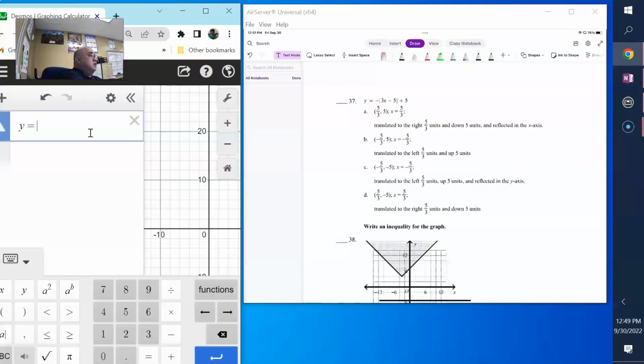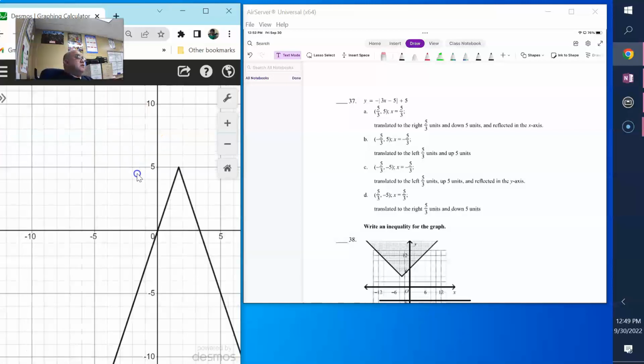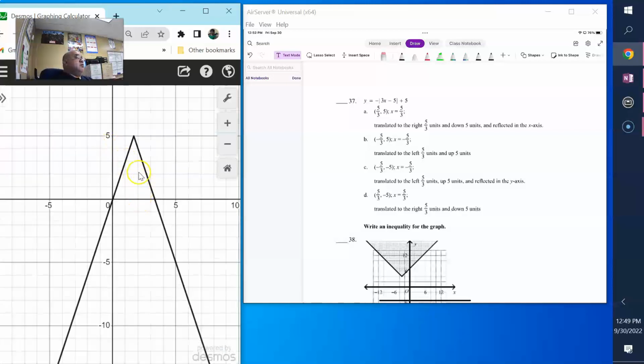So you have y equals negative absolute value of 3x minus 5, plus 5, right? Oh, the plus 5 is on the outside. So here's our graph. Remember that the vertex is actually 1.666, comma 5.